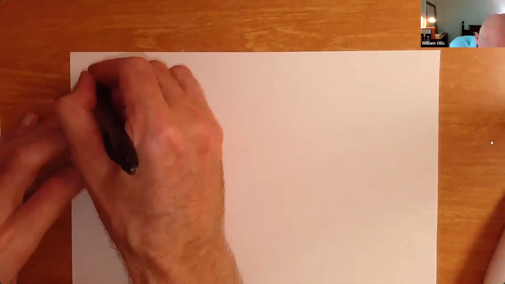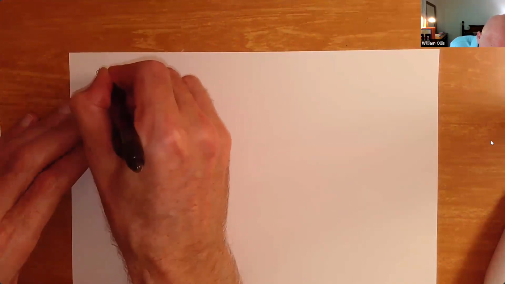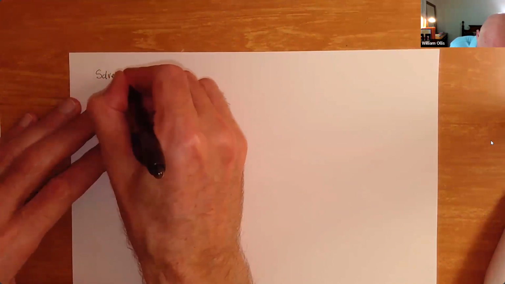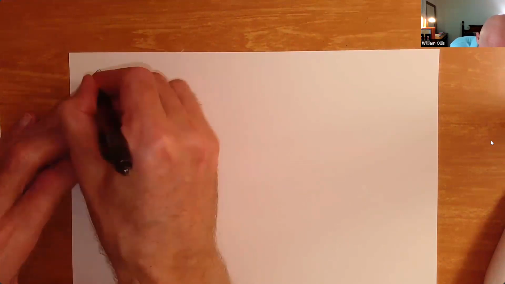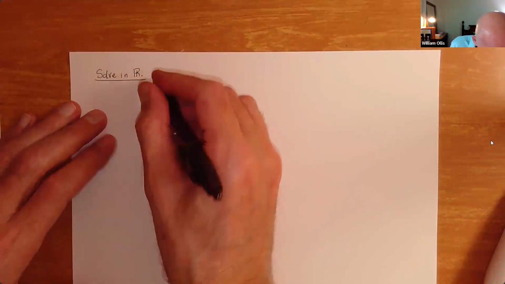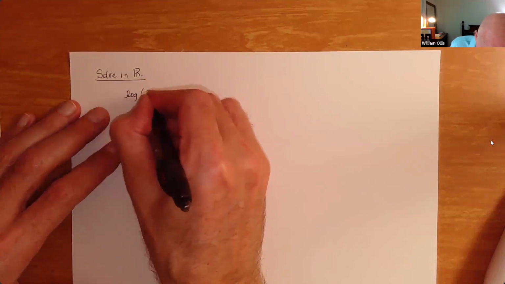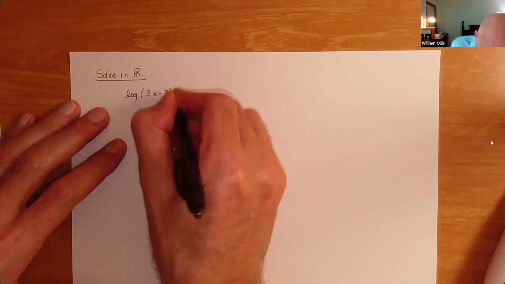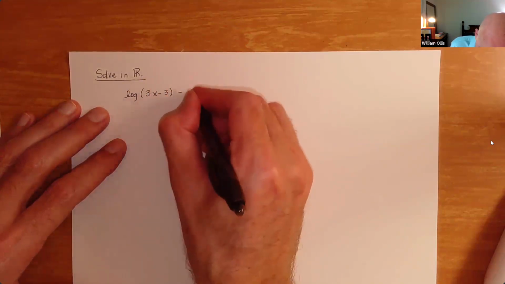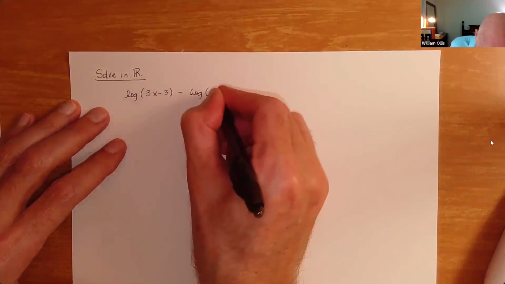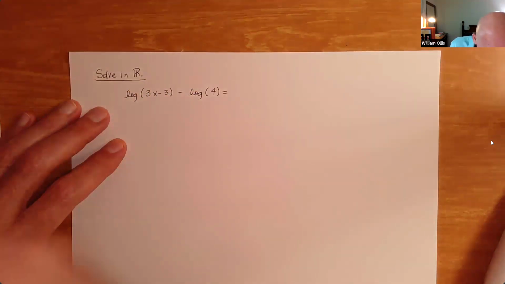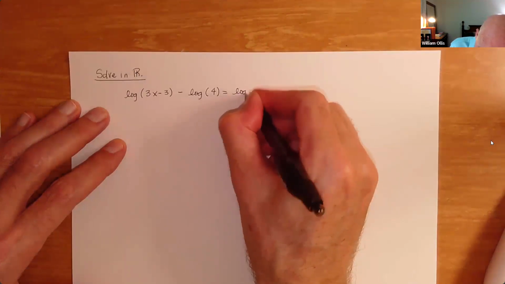The next equation we have is as follows. I'm choosing these from your homework. These are good examples. So we want to solve in R. Here we have the base 10 logarithm of 3x minus 3 minus the base 10 logarithm of 4 equals the base 10 logarithm of x plus 1.